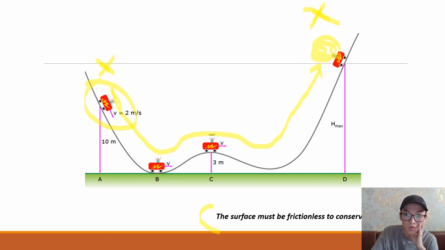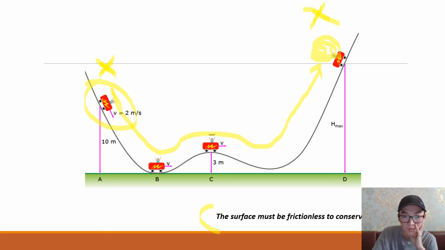This is the most important part, because when the energy is conserved at any point, we can easily calculate all these variables like the height or the speed of the cart at any point.